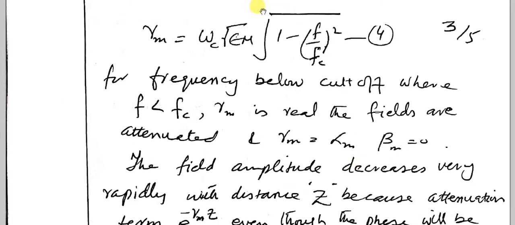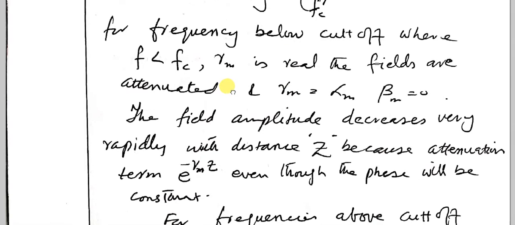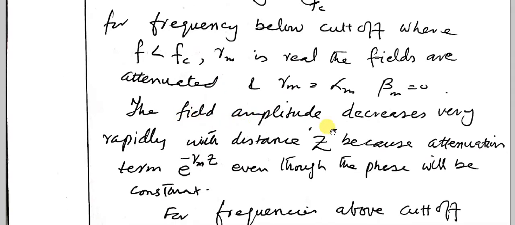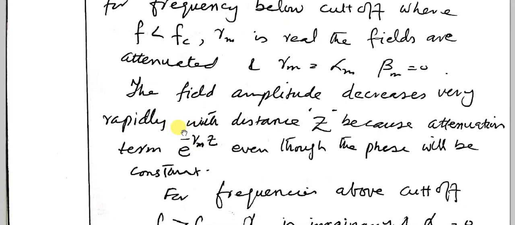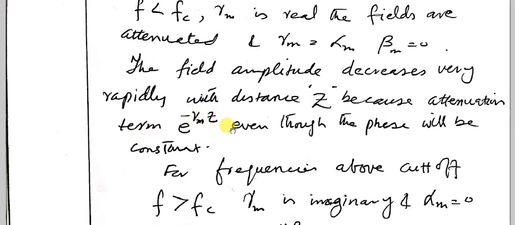Only the real part remains; the imaginary part of gamma m will be equal to 0. The field amplitude decreases very rapidly in this condition, with distance z, because of the attenuation term e to the minus gamma z, even though the phase will be constant.